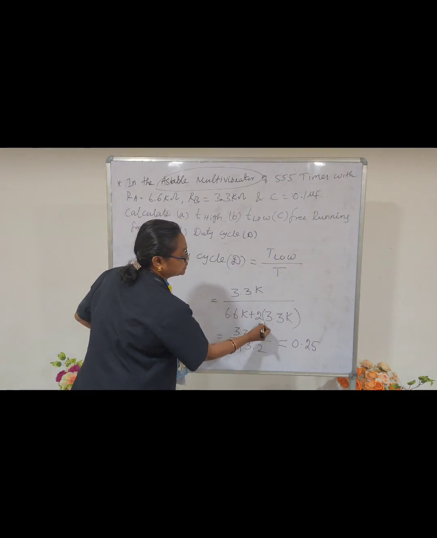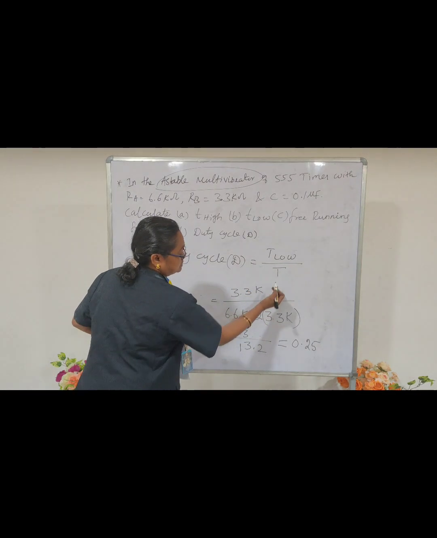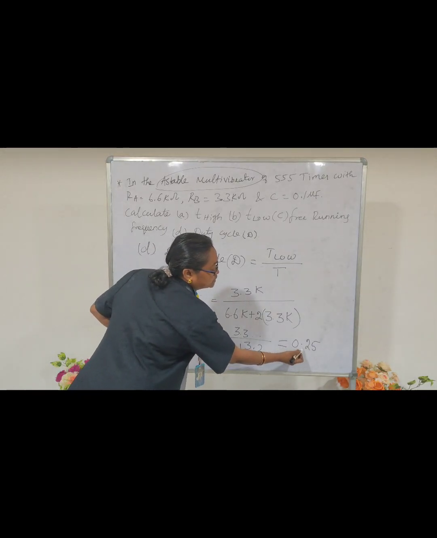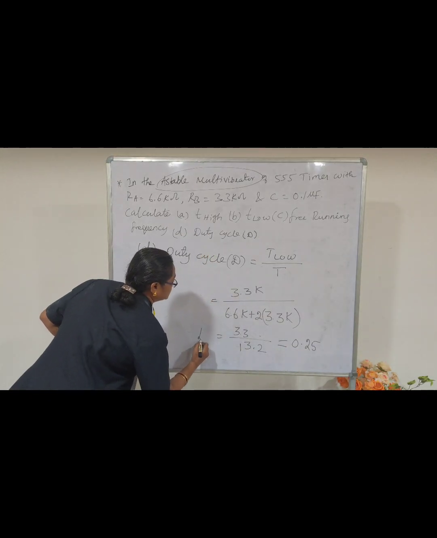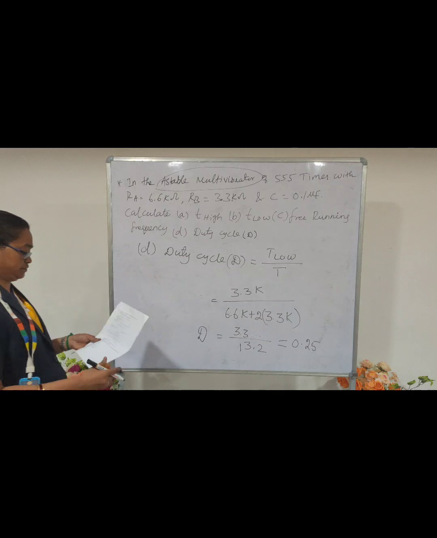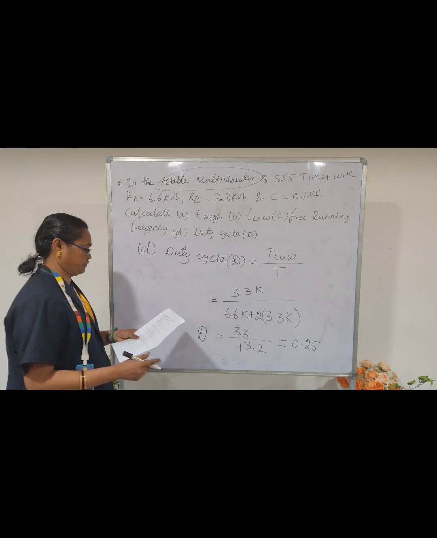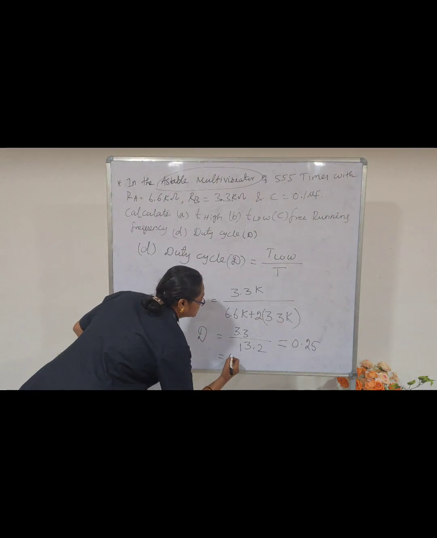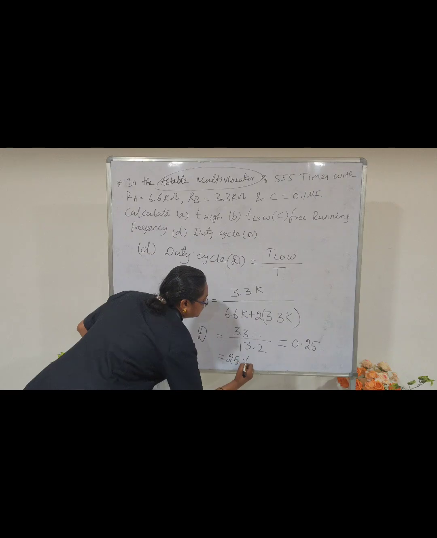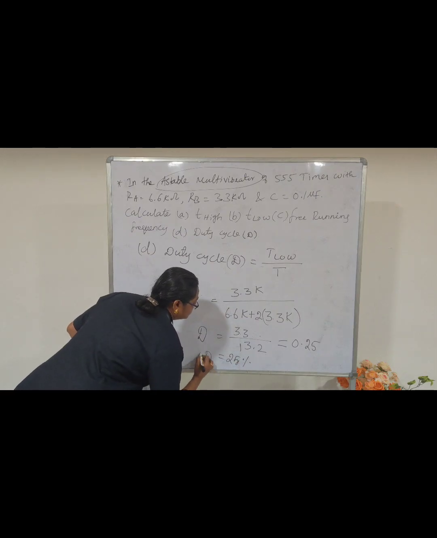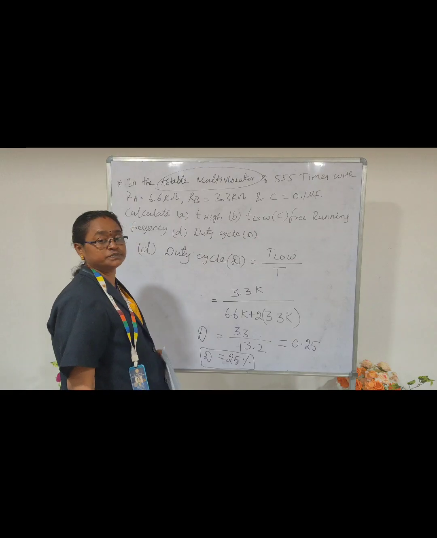So this is RA plus 2 into RB. Now you will get 0.25, that is D. We can say this is 25% duty cycle.